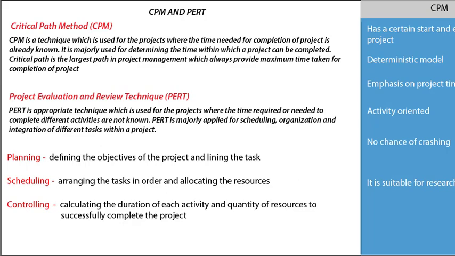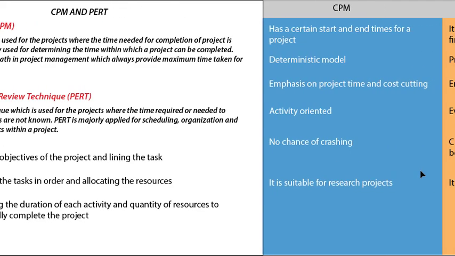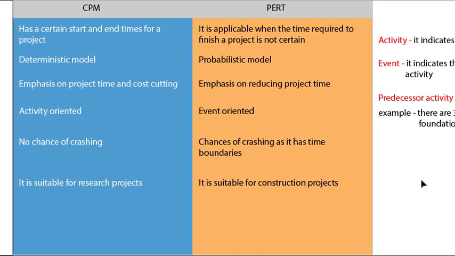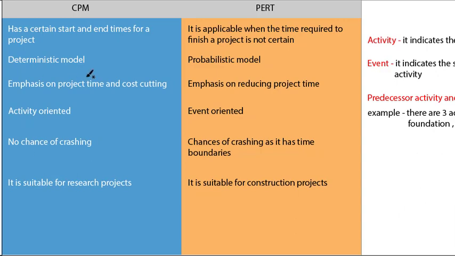Let's see the major differences between CPM and PERT. The left hand side has CPM, the right hand side has PERT. CPM has certain start and end times for a project, as we saw, you will know the time required. PERT is applicable when the time required to finish a project is not certain.